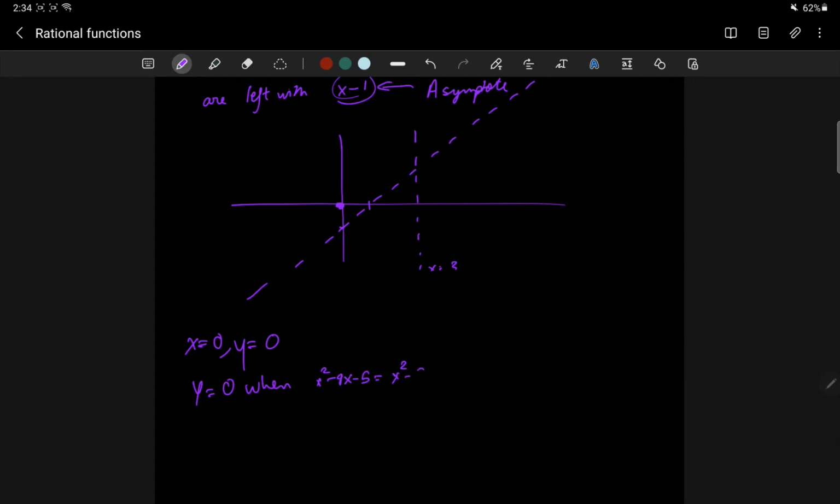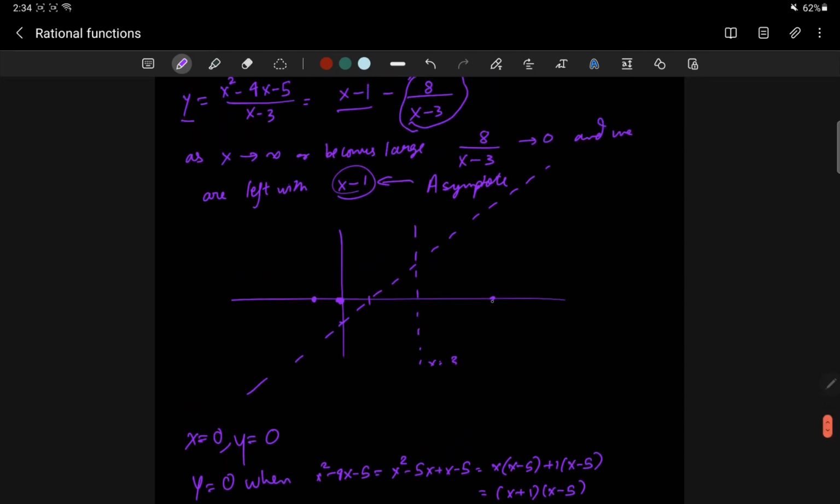If you factor, that's x plus 1 times x minus 5. That's at 5 and negative 1. Okay, so we have these intercepts.